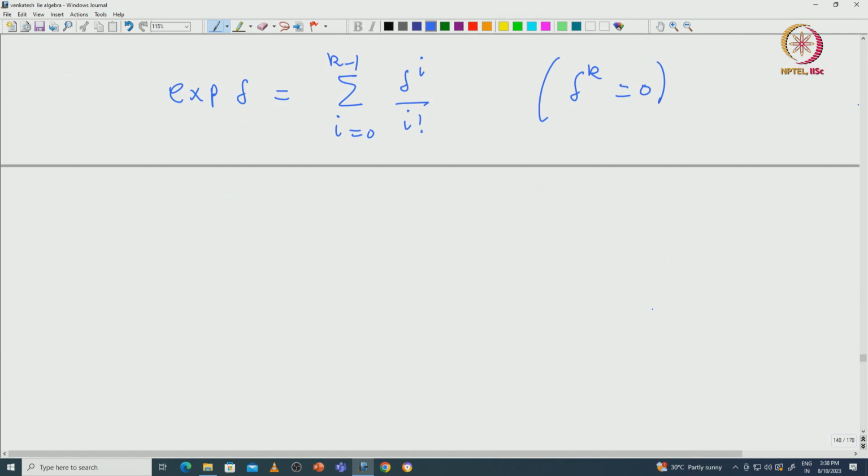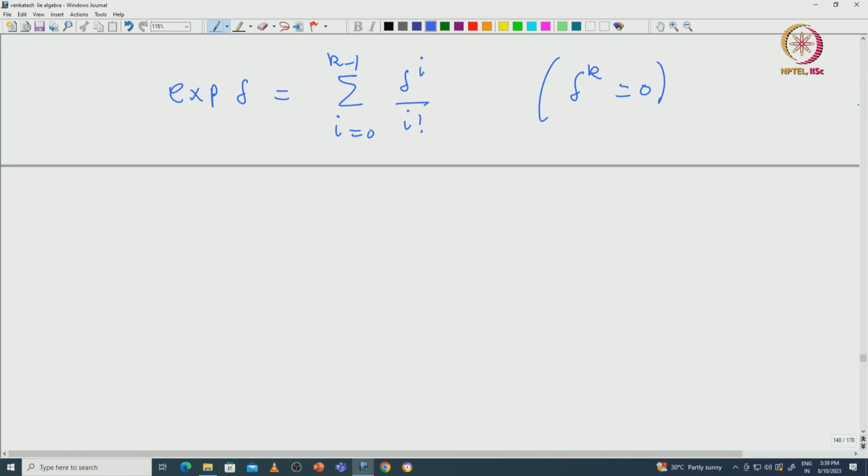Now we want to claim that exponential of delta is an automorphism of G. For that we need to show that exponential of delta is an invertible linear operator and also a Lie homomorphism. I will leave it to you to check that it is a linear operator, because it is a combination of linear operators.